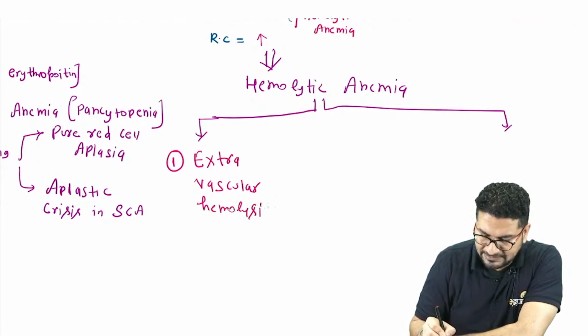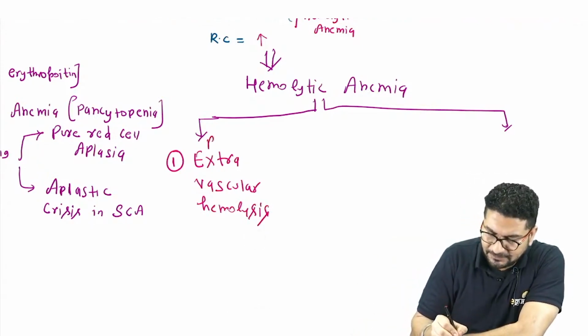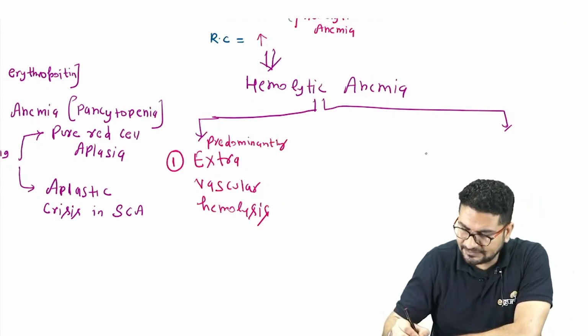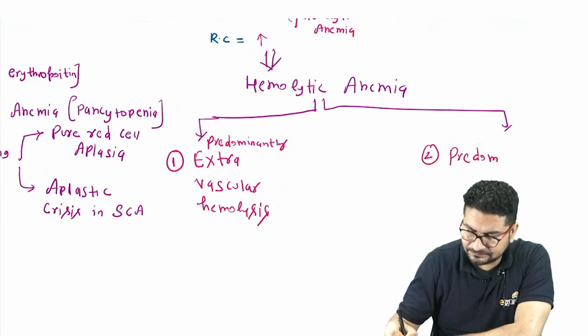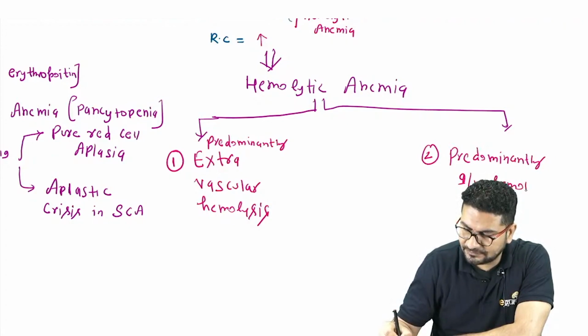So mainly they are dying outside the vessels, so I am adding the word predominantly. We call this predominantly extravascular hemolysis. Or if RBCs are dying in the vessel itself, we call this predominantly intravascular hemolysis.